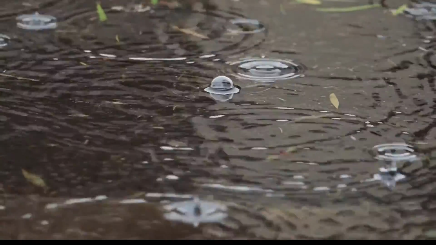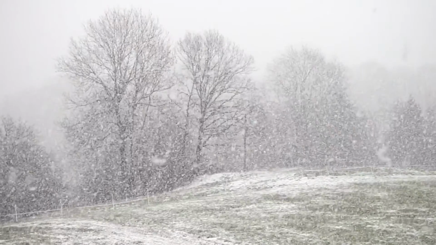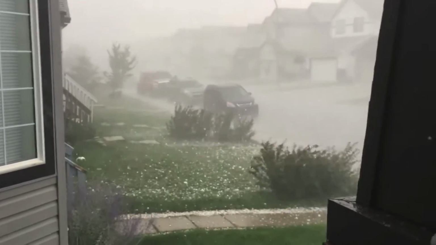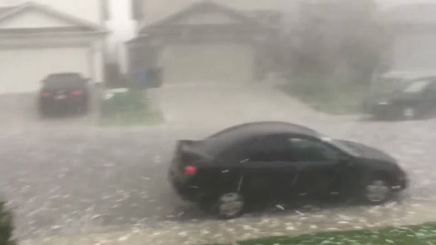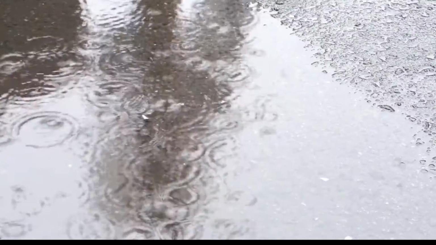Sometimes clouds build up so much water that it falls out of the clouds as precipitation. Sometimes precipitation can be violent and even dangerous. The kind of precipitation we see depends on how warm or cold it is here at the ground and actually up in the clouds themselves.